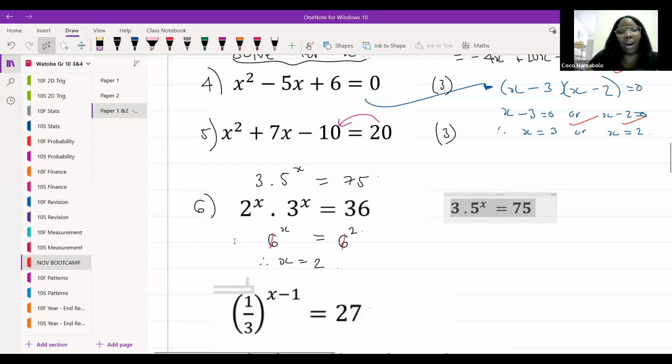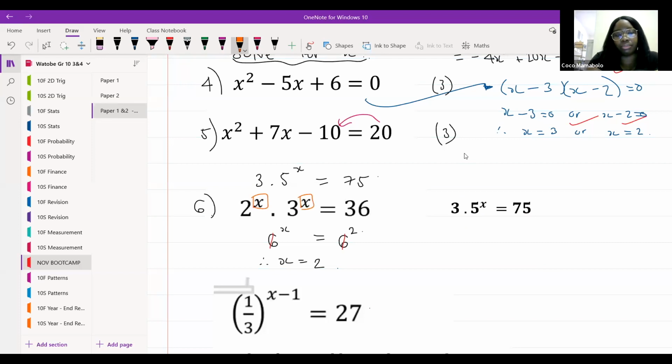There's no to the power of x here, right? So can I then say 3 times 5 is equal to 15 to the power of x is equal to 75? Can I do that? No, ma'am, I can't do that because I don't have the same exponent. The only reason I'm allowed to multiply these two is because they both have the same exponent.